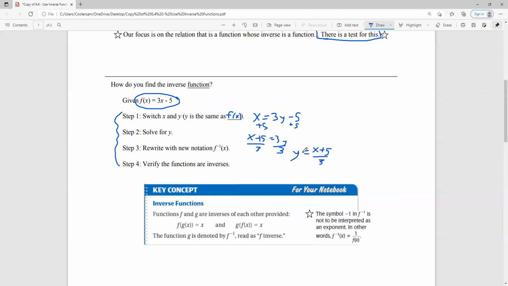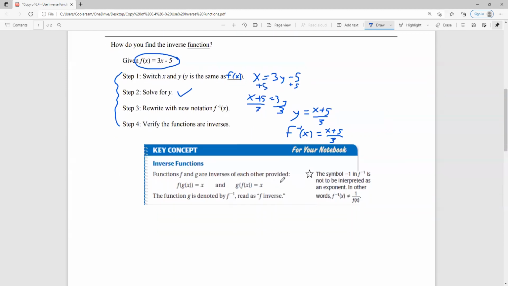So step 2, cha-ching, we got step 2 right here. Step 3, rewrite in new notation. Instead of y, we're going to write the inverse function of x is equal to (x plus 5) over 3. Okay, check.